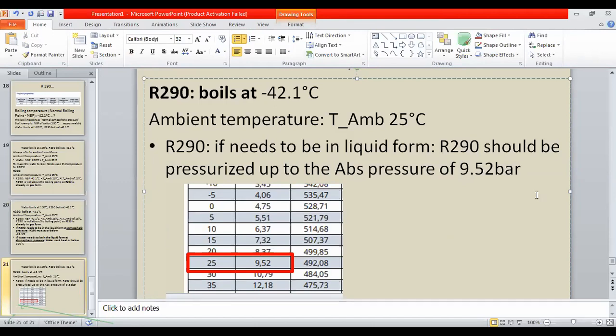That's the point. So that is why it is very important to have this data sheet.